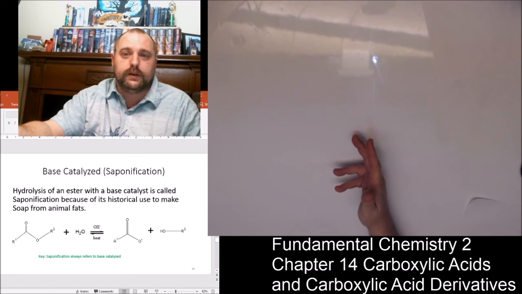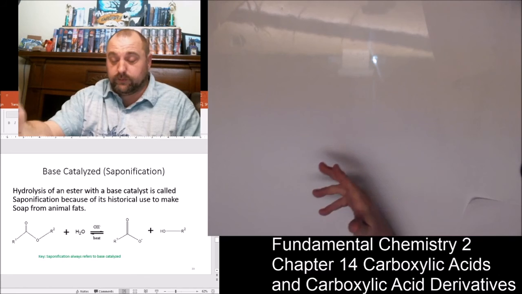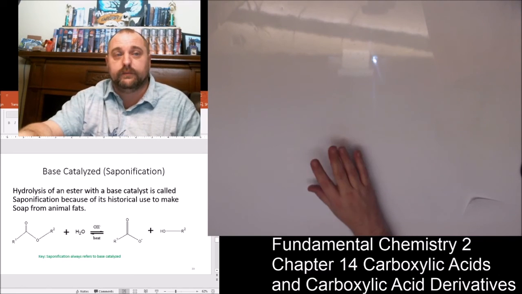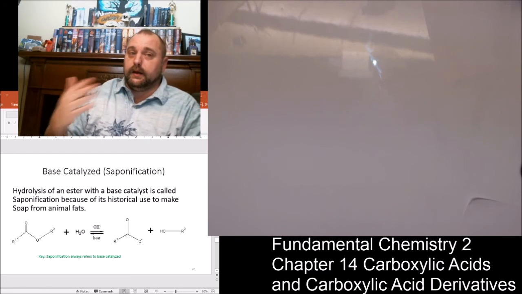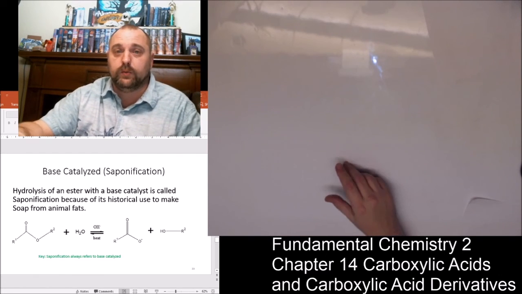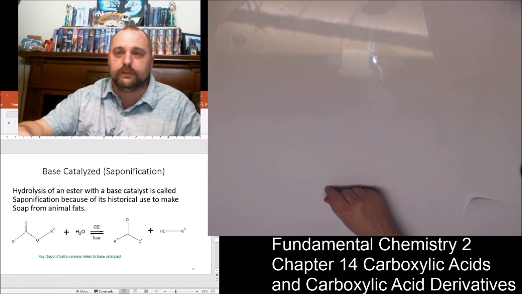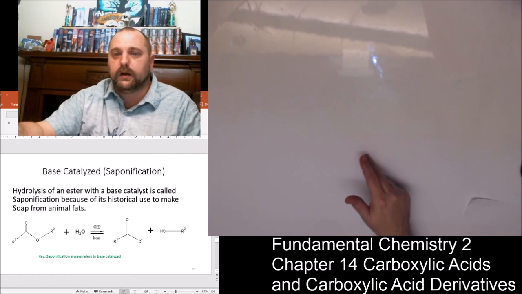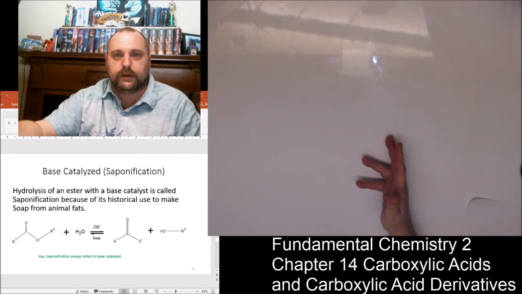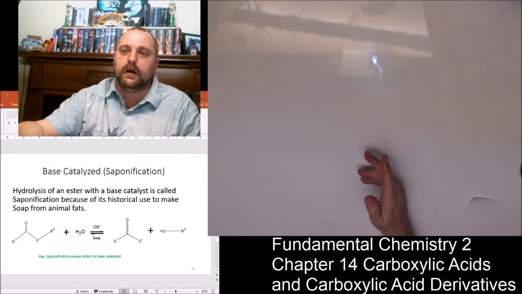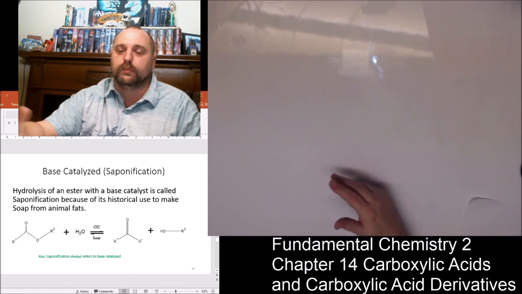When they burned the wood, they ended up producing potassium hydroxide, and so that reacted with these fats as it washed down the hill, and so people would come from all around to wash their clothes in the creek that ran at the base of the hill, because it would be soapy. And so that's where that word soap comes from.